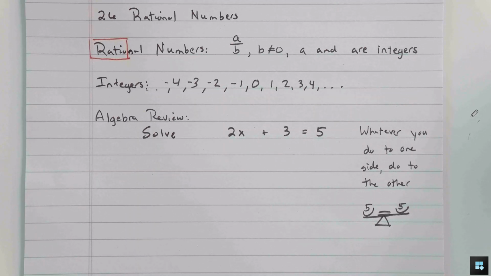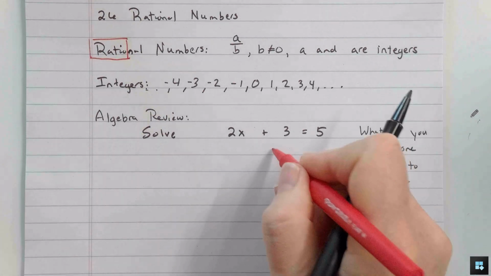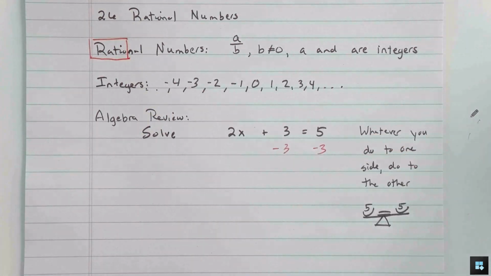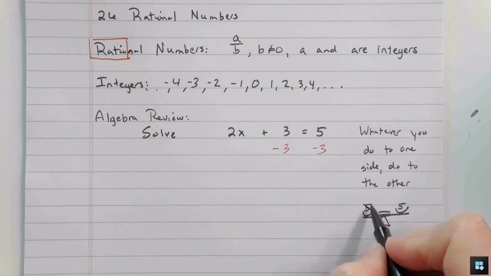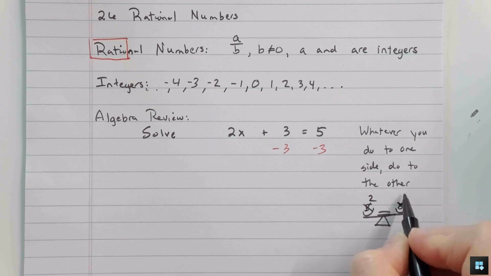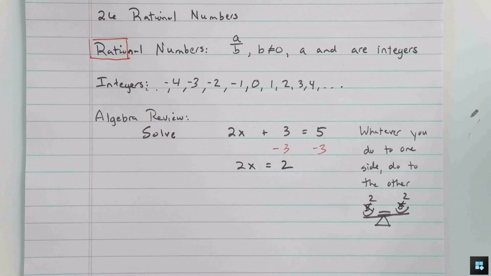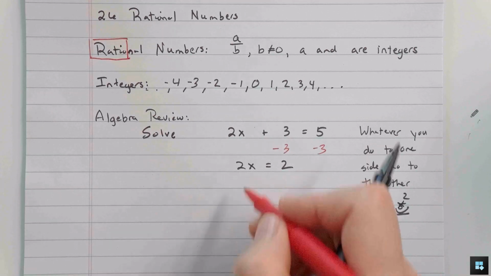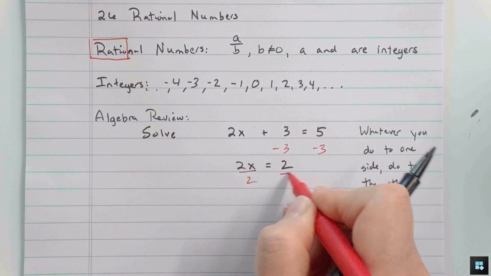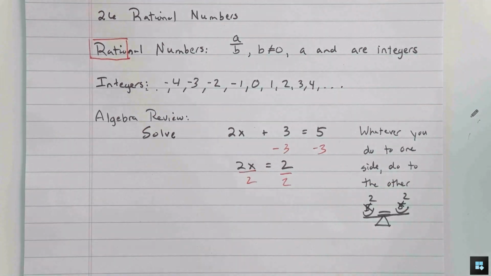So if we take away 3 from the left, and we take away 3 from the right, the scale is still equal. They're still both at 2. Then we go ahead and divide out the 2, and x is 1.